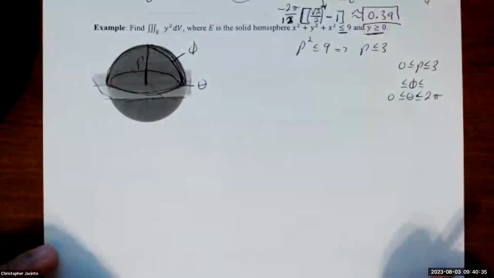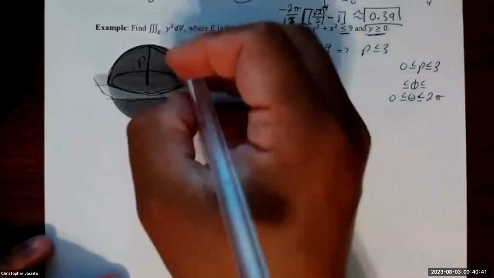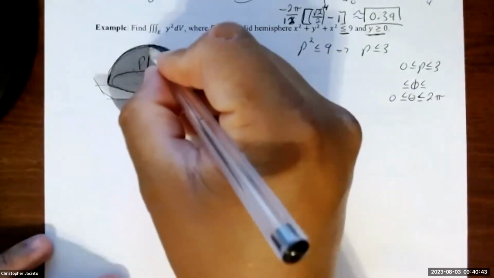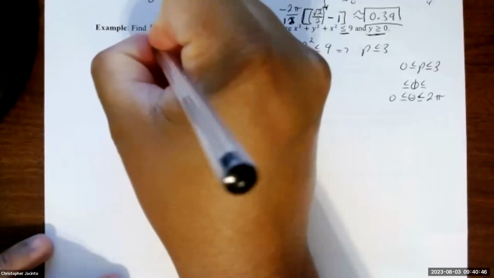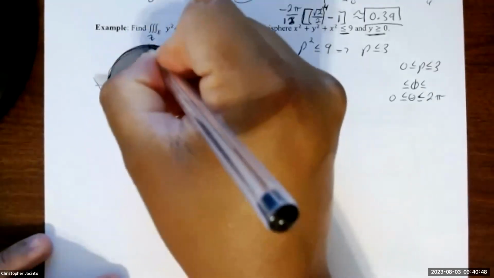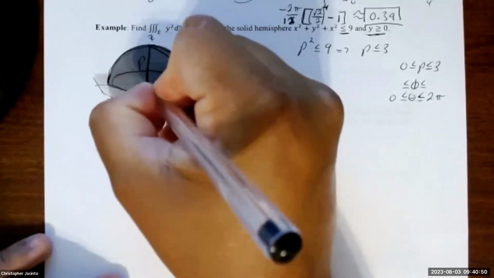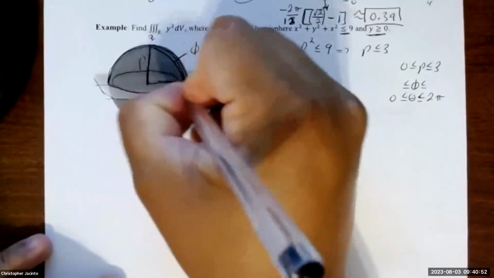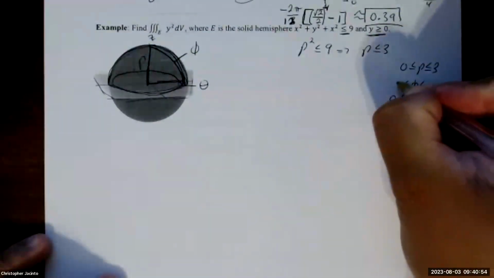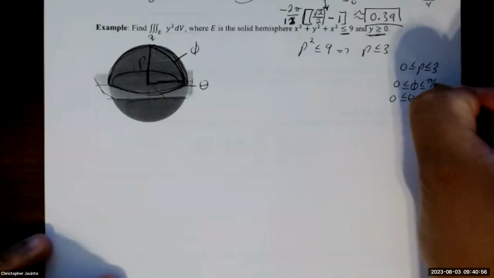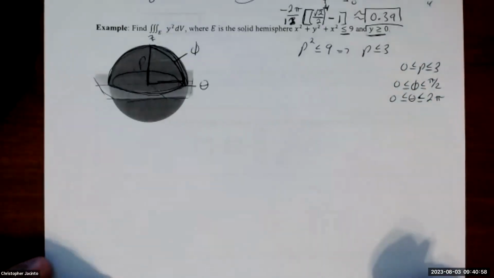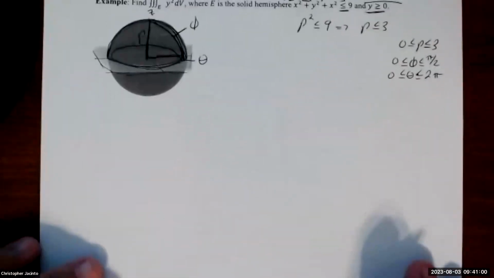Right there. Now phi. So if phi is the angle between the x-axis and P itself, right? So phi would go from here down flat. So that goes from 0 to pi over 2, just like the last one, or half of it, right?